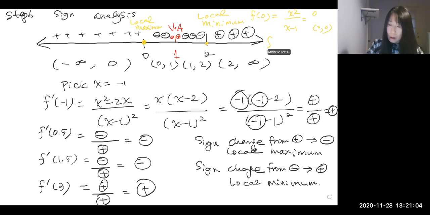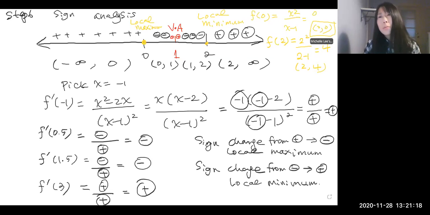And f of 2 is 2 squared over 2 minus 1, which is 4. So local maximum at (0, 0), local minimum at (2, 4). We're going to draw that later.